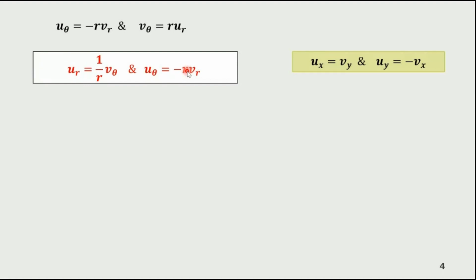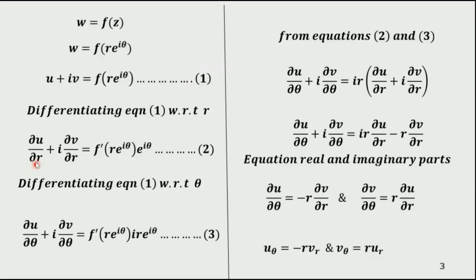Now in the same way, from equation 2, what was equation 2? ∂U/∂R plus I ∂V/∂R is F dash of Z, where Z is taken as R e raised to I theta.